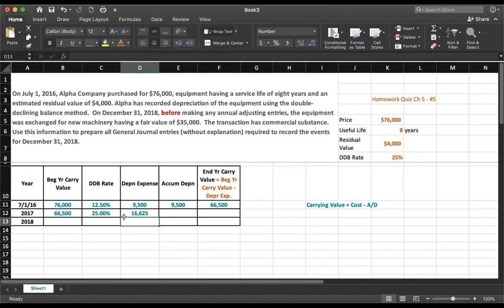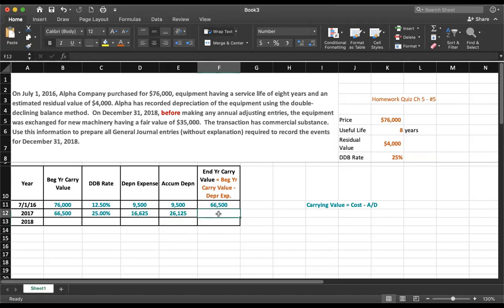Okay, now, at the end of 2017, the accumulated depreciation is going to be the accumulated depreciation from the prior year plus the depreciation expense from the current year, and that would give us $26,125.